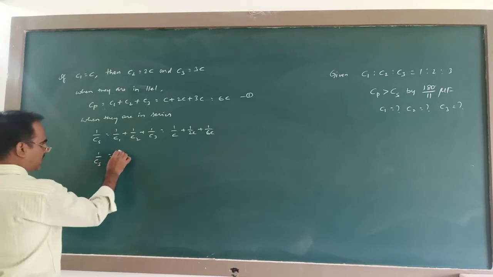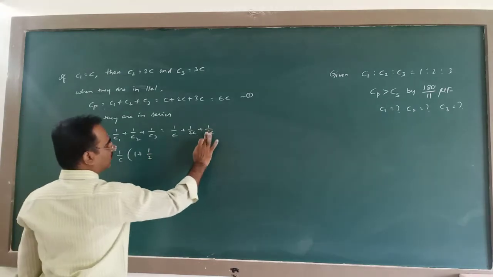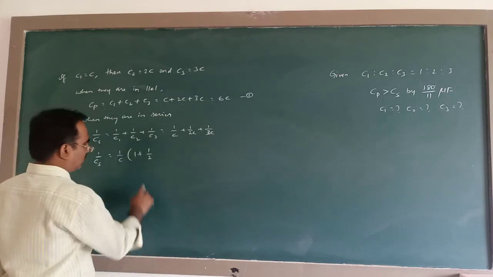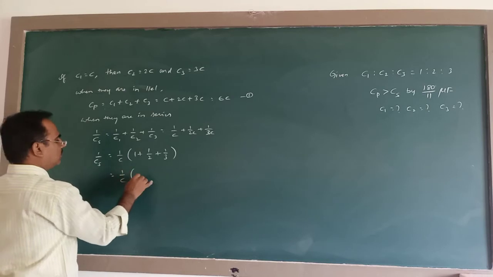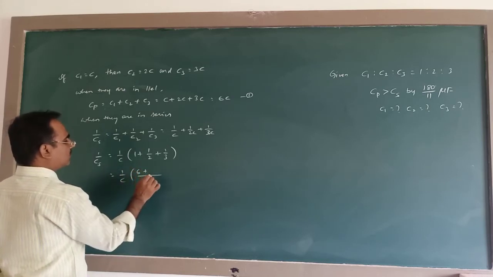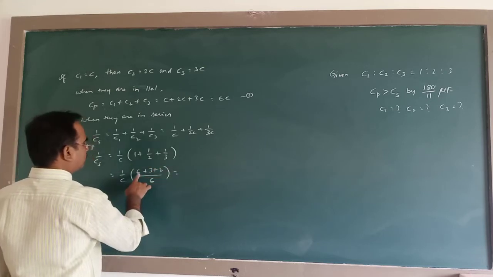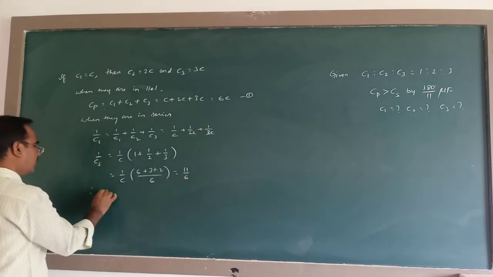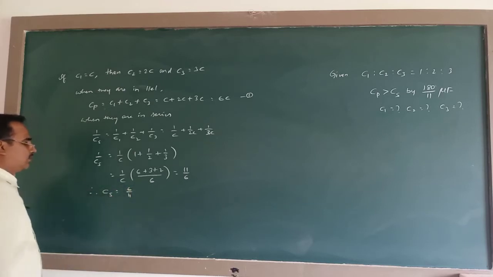If I take 1 by C common, it is 1 plus 1 by 2 plus 1 by 3. So 6 is the LCM, so 6 plus 3 plus 2, this is equal to 11 by 6. Therefore CS is equal to 6C divided by 11.